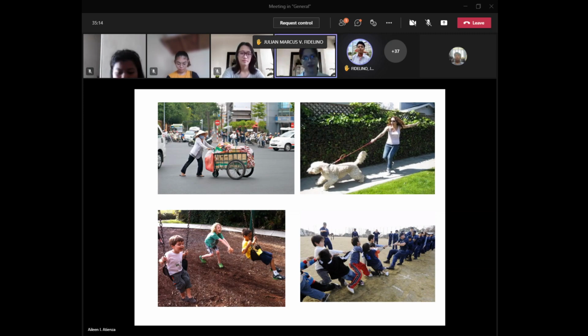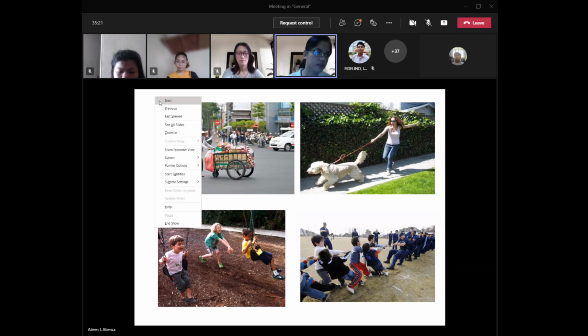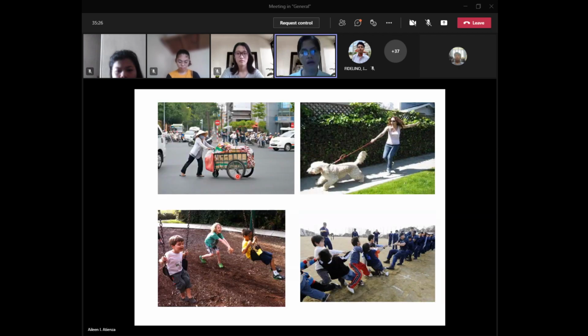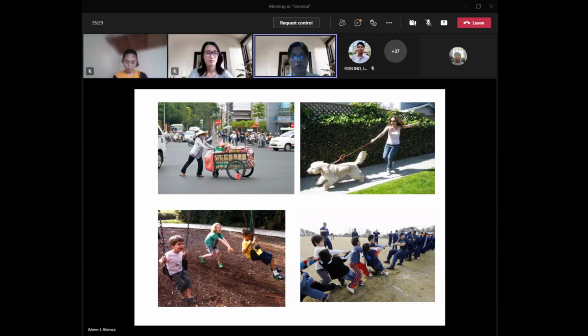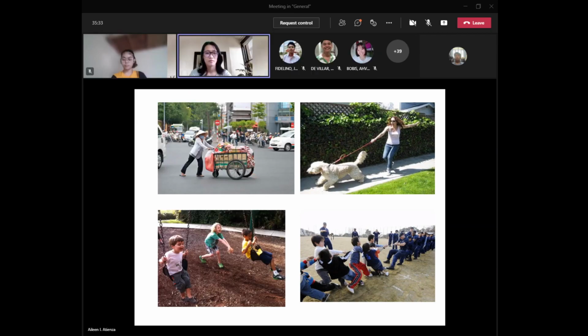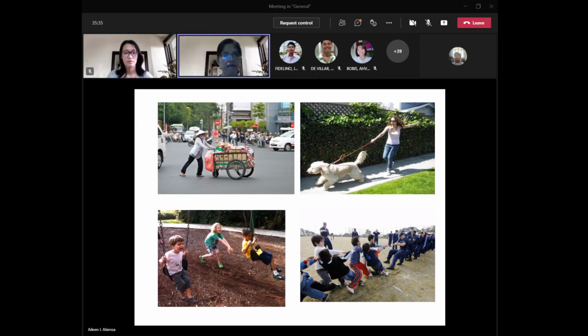Okay. So looking at the photos, let me have my laser pointer first. Having the first photo on the upper left hand corner, we have a certain, is this a lady or a man pushing? Okay. So tinutulak niya yung kanyang cart.